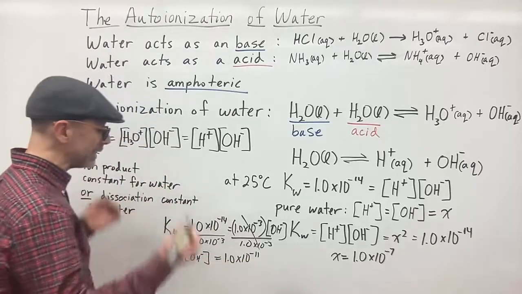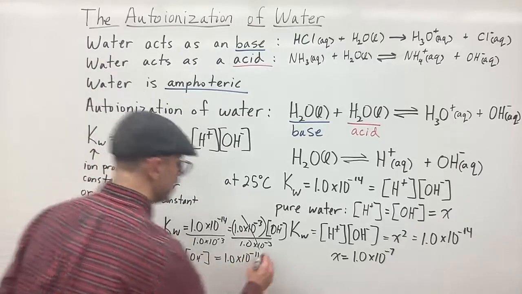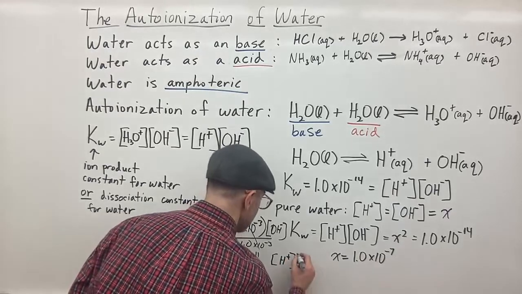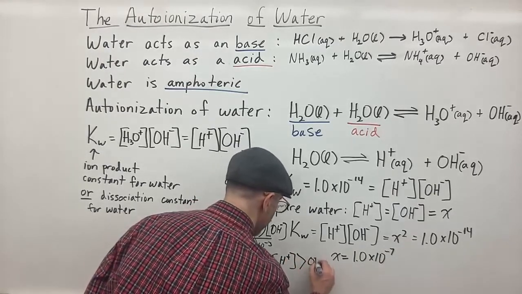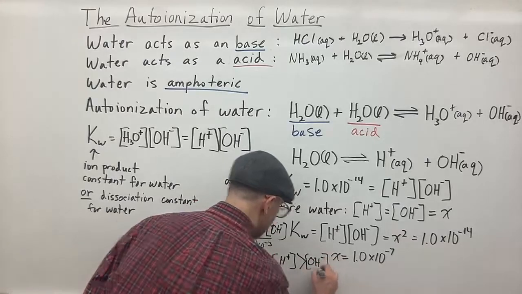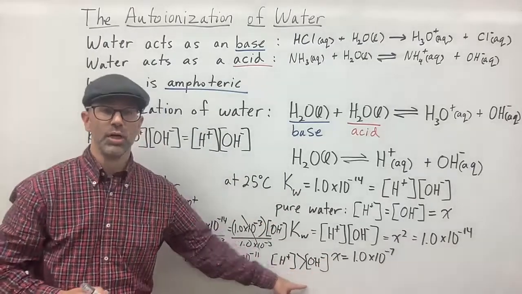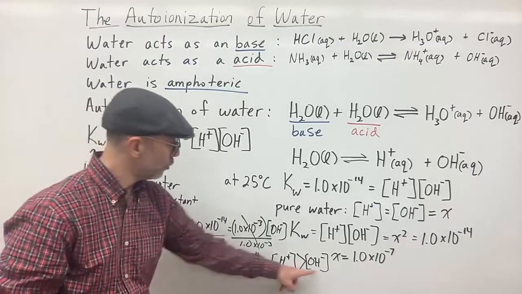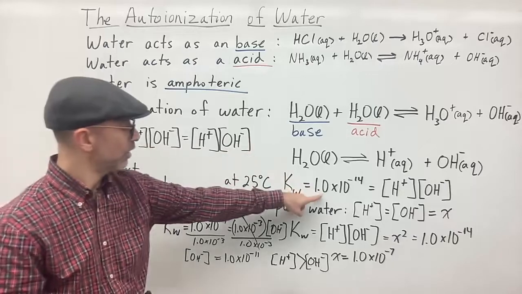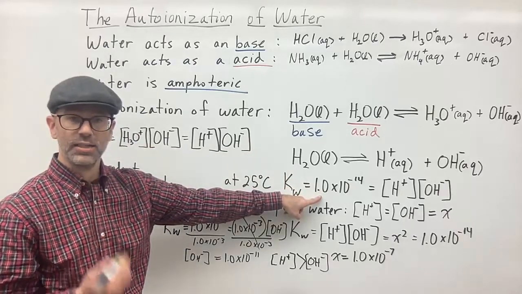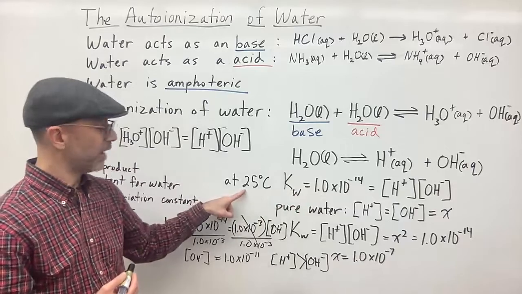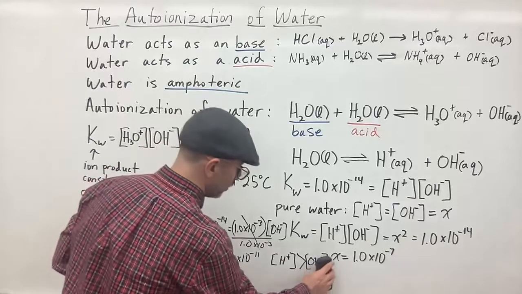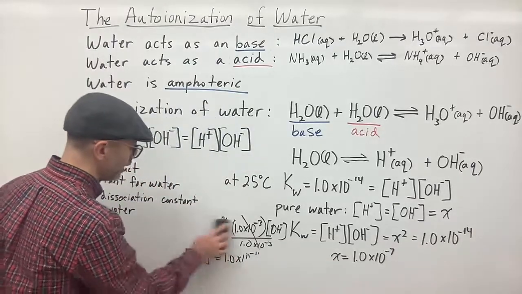So in acidic solution, the H plus concentration is greater than the OH minus concentration, and that is true under acidic conditions. These two multiplied together have to equal the dissociation constant of water at 25 degrees. What if we take another example, what if it's a basic solution?